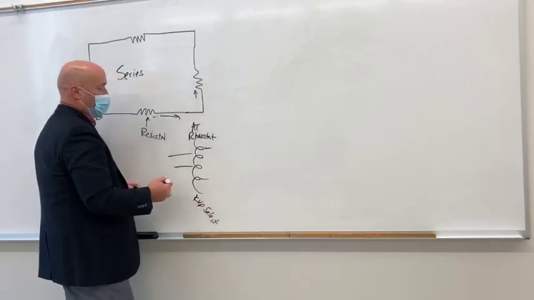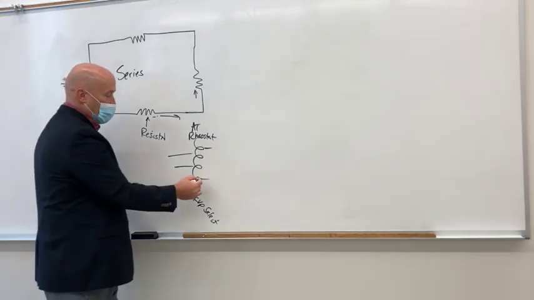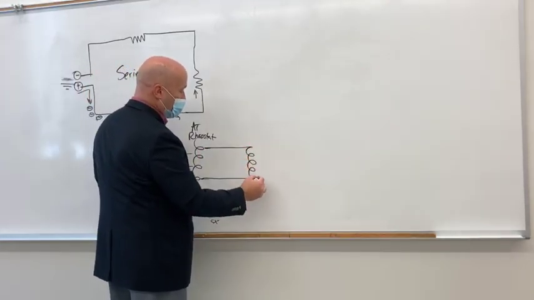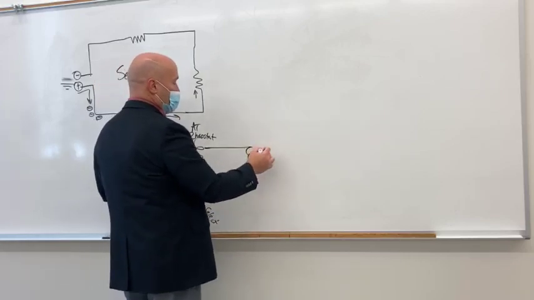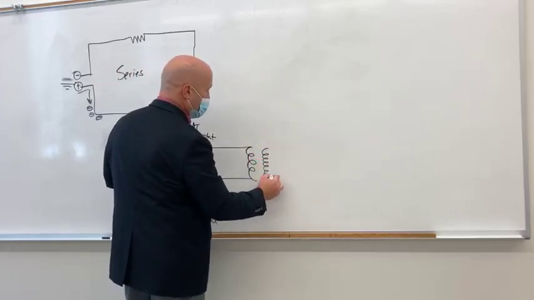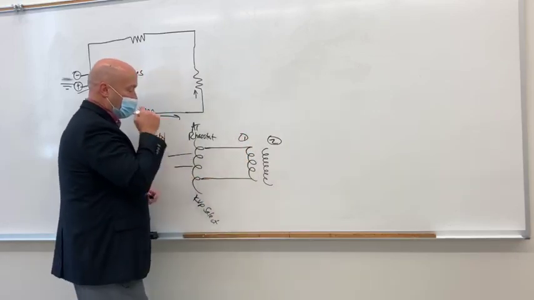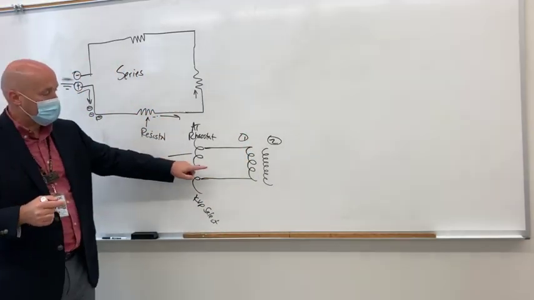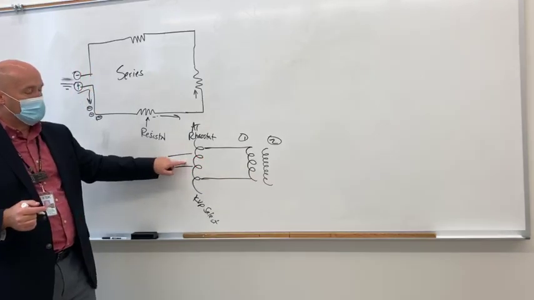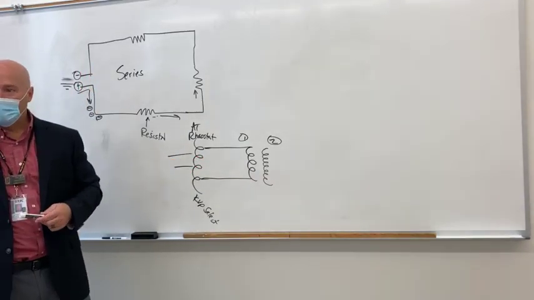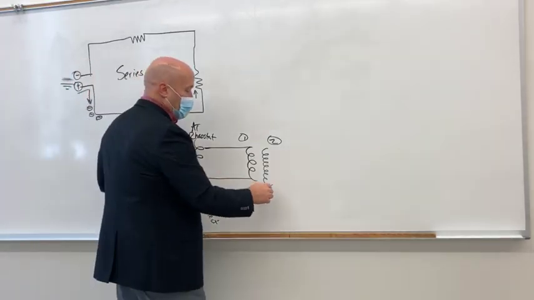So it's the KVP selector. After it comes out of that, what does it go into? High voltage transformer, exactly. High voltage transformer has more turns on the secondary side than what it has on the primary side, right? So can our electricity get to the high voltage transformer before it goes through the auto transformer? No, series circuit.